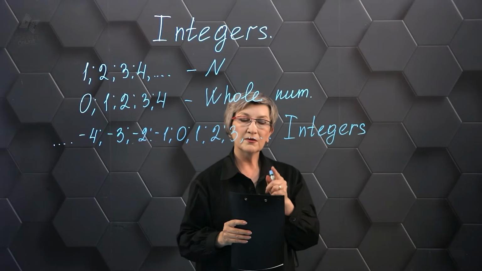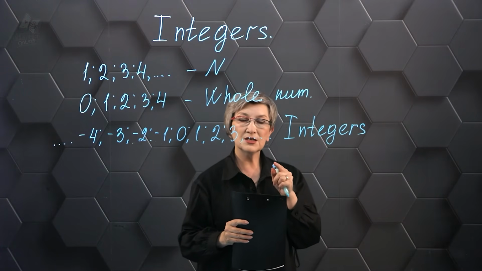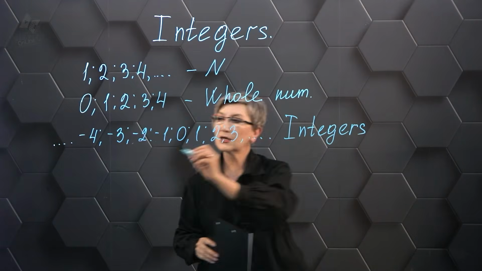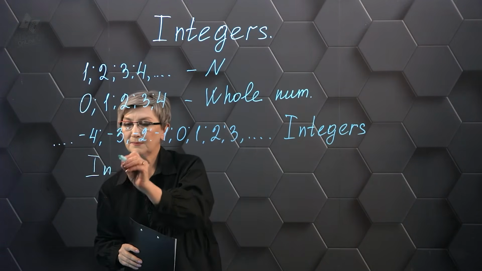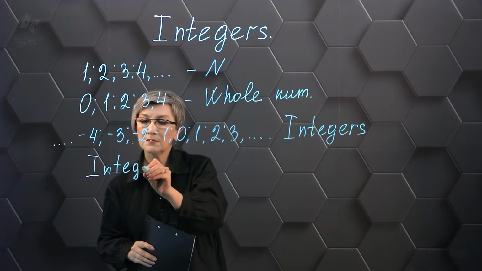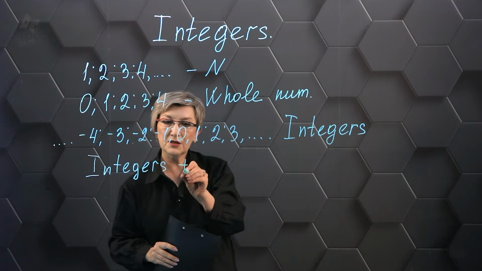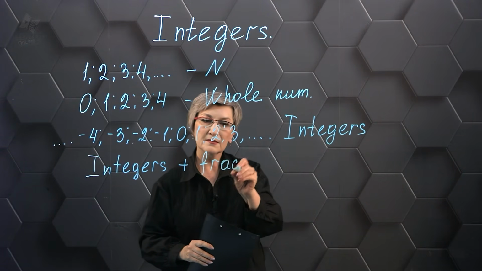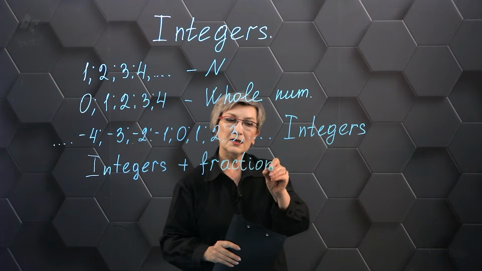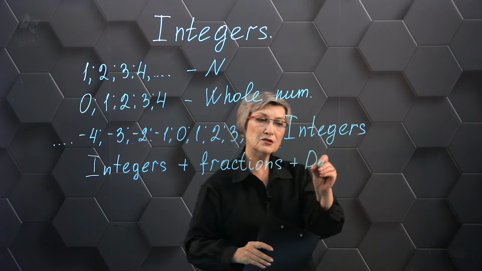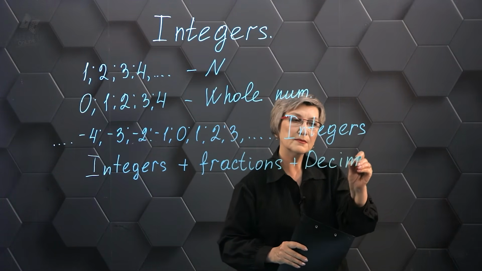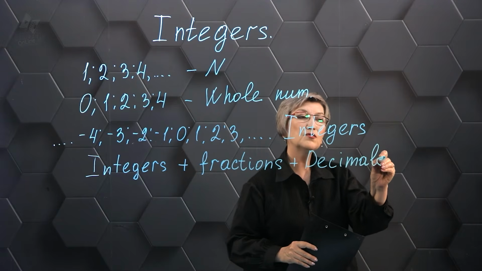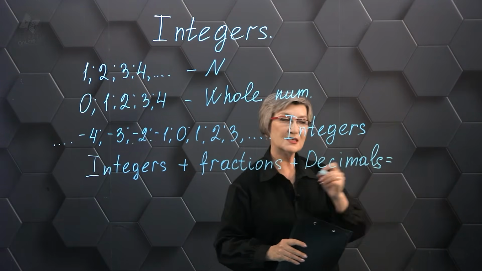And if we add fractional numbers and decimals to our integers, we end up with rational numbers.